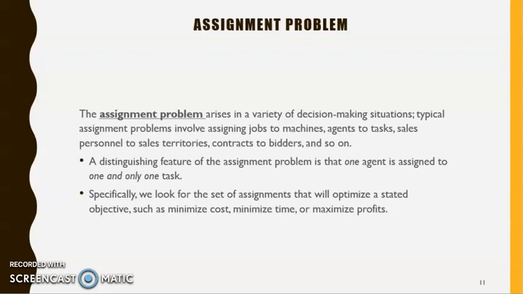For example, they want to assign a letter, a mail, an envelope to a post office. For example, in one region, in one city, there are 2 post offices. Post office 1 and post office 2.